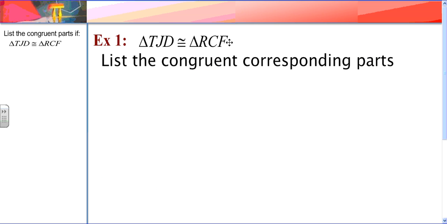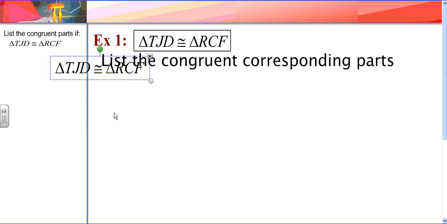Let's list all of the congruent corresponding parts. Now what we have here is a congruency statement. And so that's really important because it tells me which parts have to be the same. And I'm going to copy it for a second here.